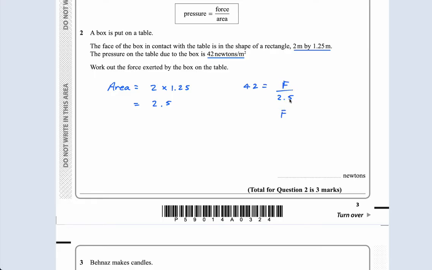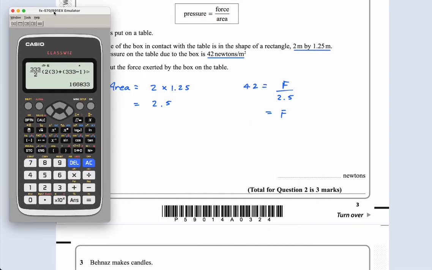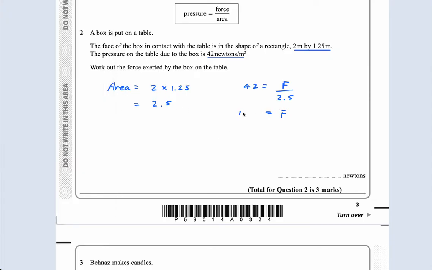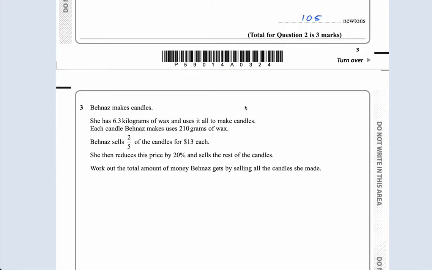Well, I have 2.5 in the denominator. If I multiply this 42 by 2.5, I get 105. So F is equal to 105, and it's in newtons, which is given here. So it's 105 newtons. Okay, not too bad a question.